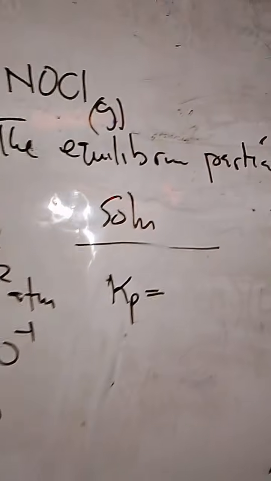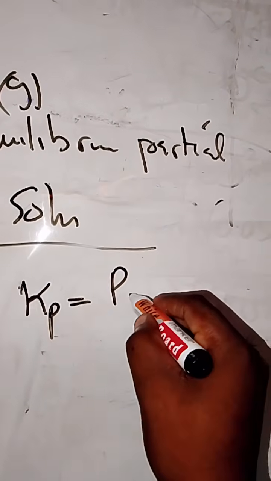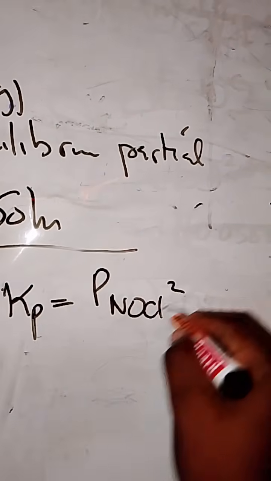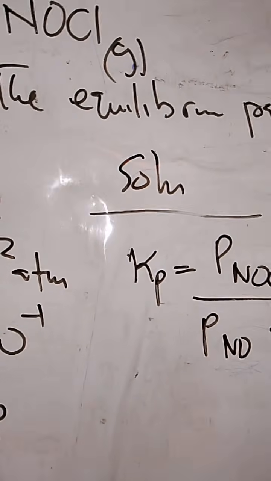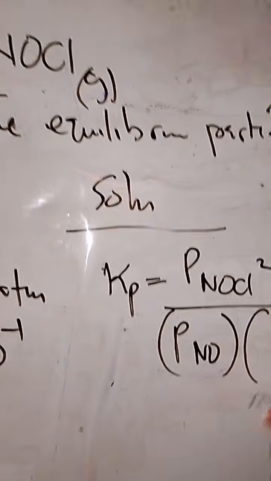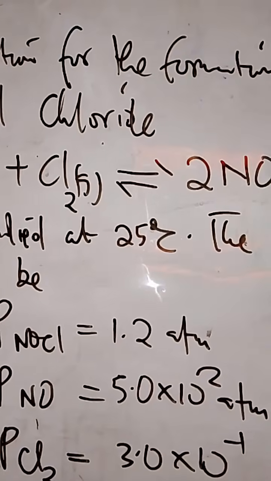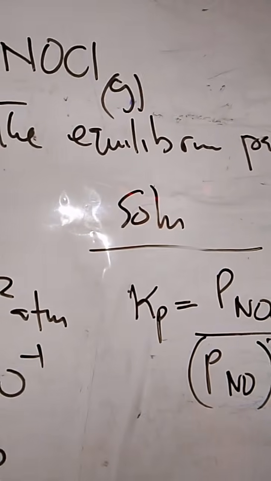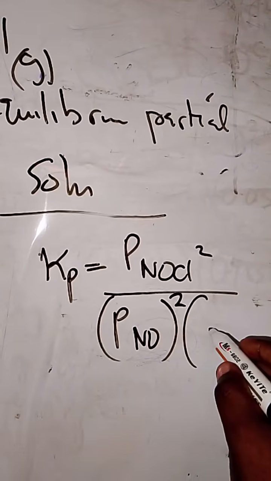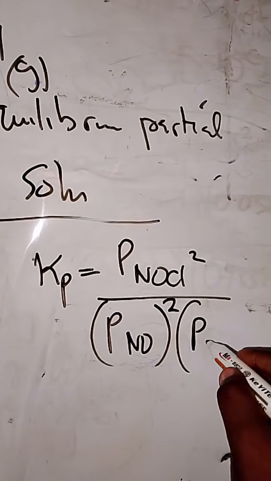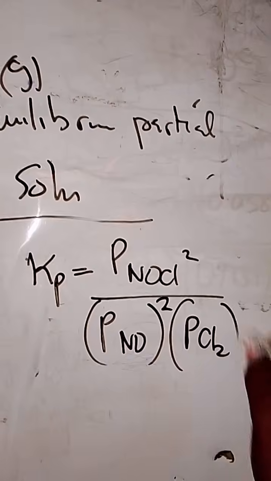So Kp in this case will equal the partial pressure of nitrosyl chloride squared over the partial pressure of NO squared times the partial pressure of chlorine.